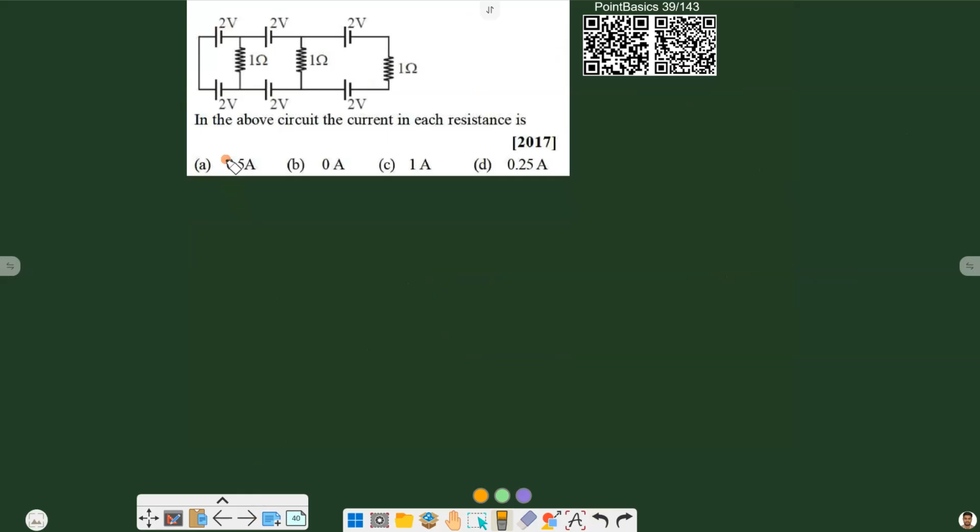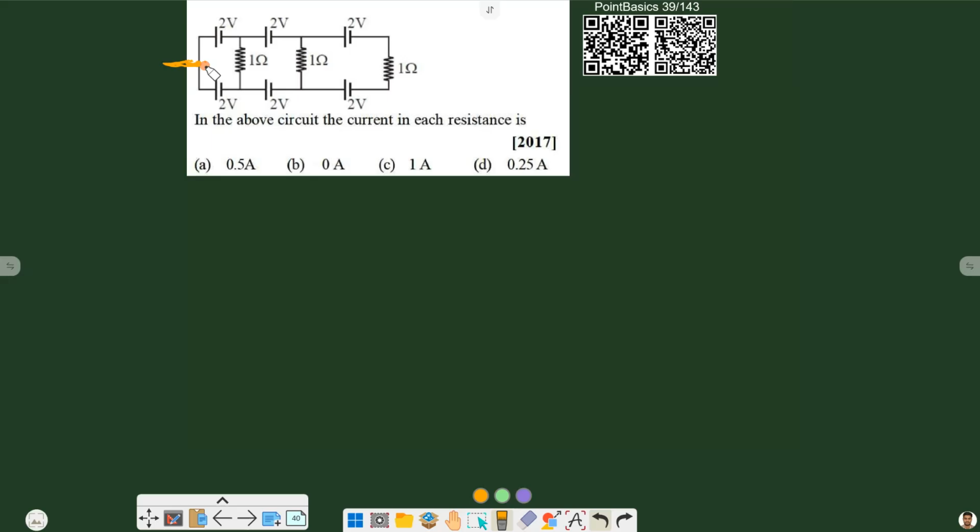In the above circuit, the current in each resistance is, so we have to find the current in each resistance. As we can see from here, the batteries are connected by 1 ohm resistance. Now, to solve such a system where we see some symmetry in the circuit, suppose we take one of the points here and assume some potential on it.